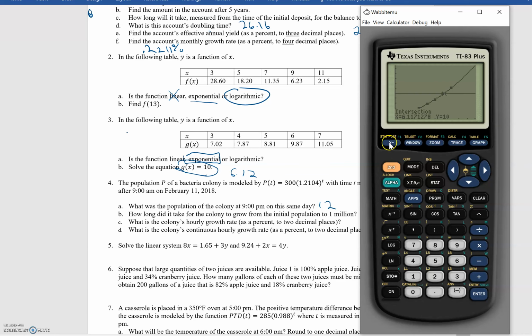So we'll first need to, actually let's do this. Let's turn our stat plot off and clear everything. And clear your functions. And now enter your function.